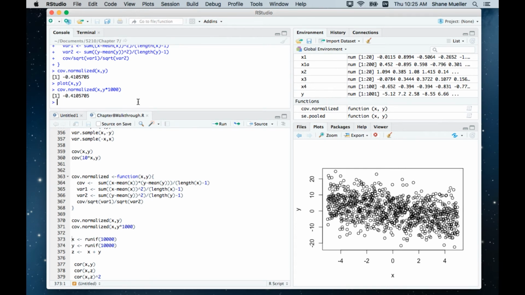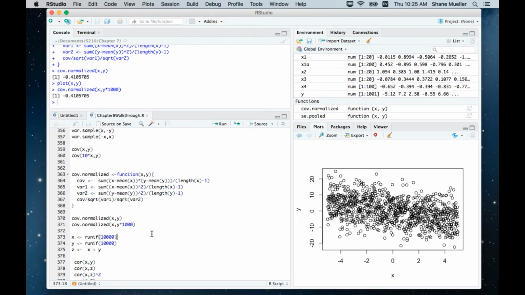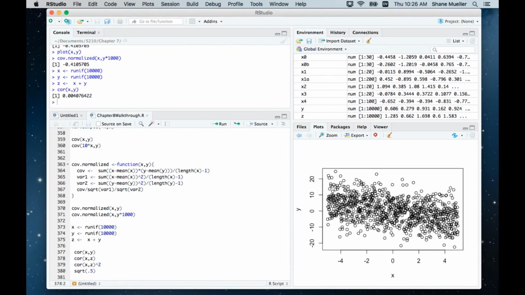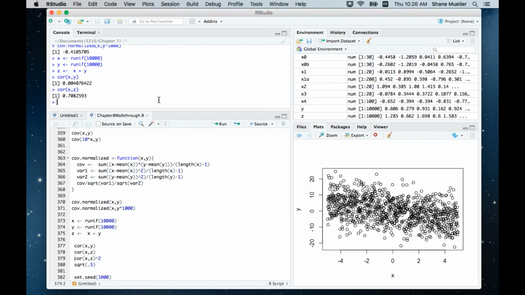This formula is usually not called normalized covariance. It's usually called the correlation coefficient, or Pearson's product moment correlation coefficient, I think. So if I do this again, I've got correlation between x and y, and I've got covariance normalized x and y, and you can see they're exactly the same.